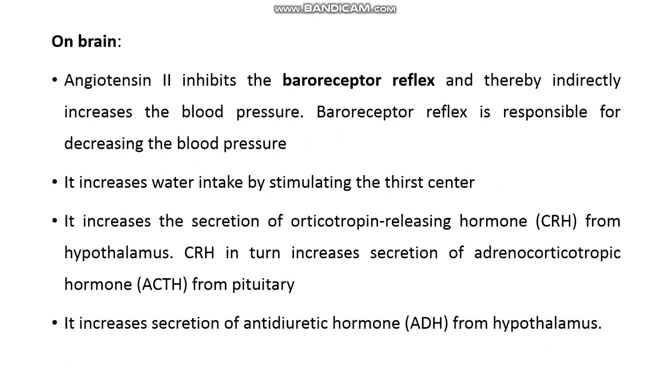Then how does it act on the brain? Angiotensin 2 inhibits the baroreceptor reflex and thereby indirectly increases the blood pressure. There is a reflex known as the baroreceptor reflex, which has a role in blood pressure regulation.